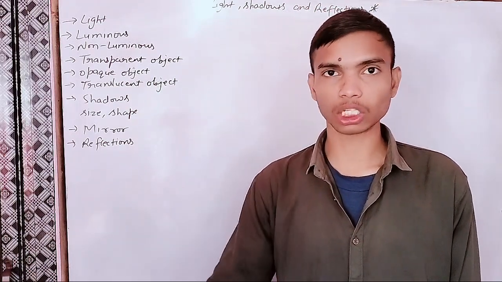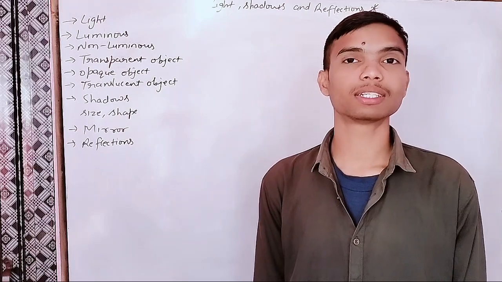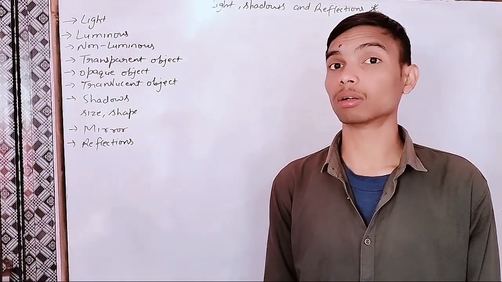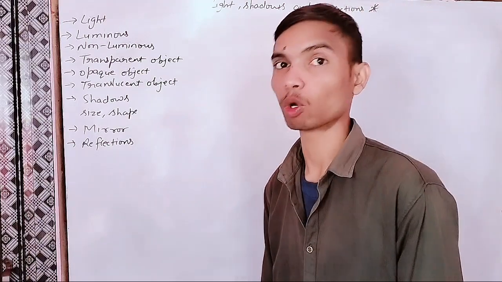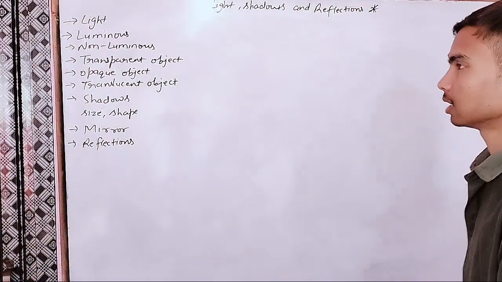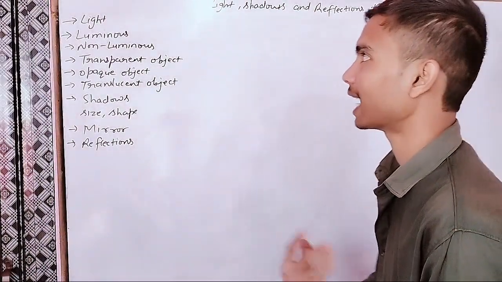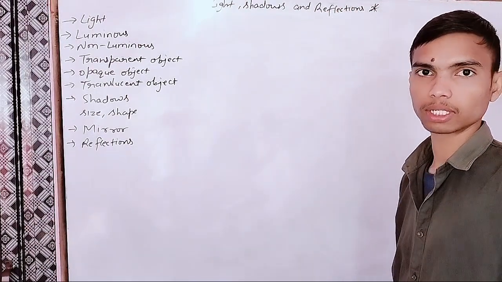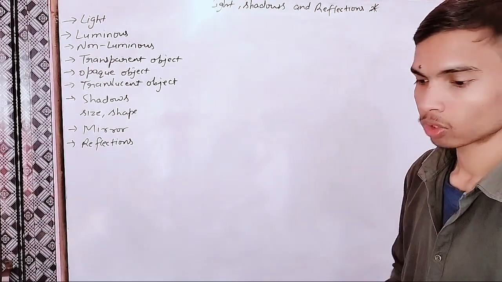Of course we want to see the objects, that's why we are talking about it. I'm not saying light, I'm saying source light, from which light will emit its own light.